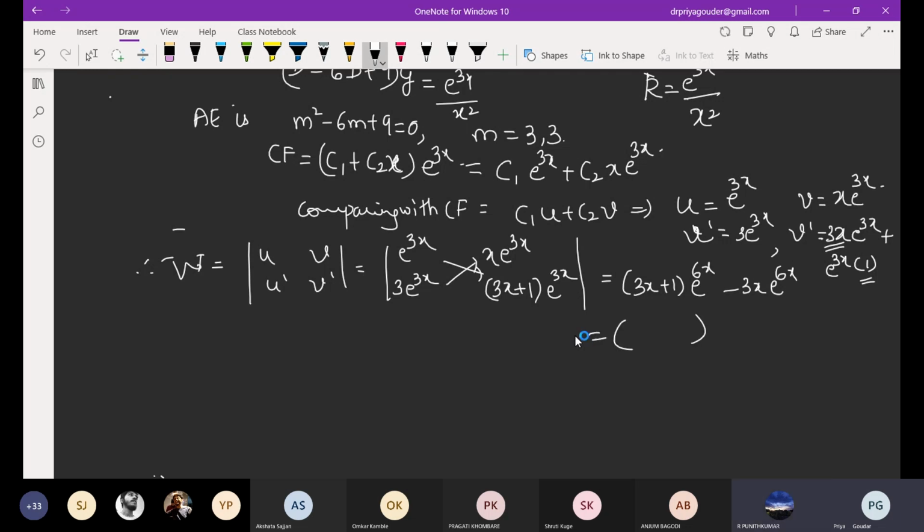Again, what is common? So W is e raised to 6x.